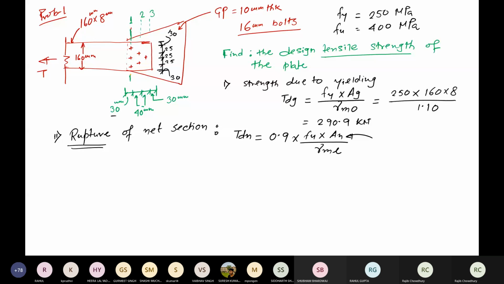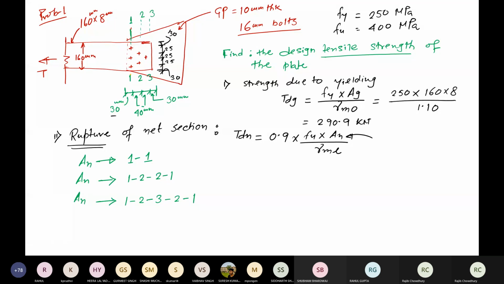An can be calculated if the failure path is along 1, 1. If the failure path is along 1, 2, 2, 1. If the failure path is along 1, 2, 3, 2, 1. So these are all the possible failure paths that we have.